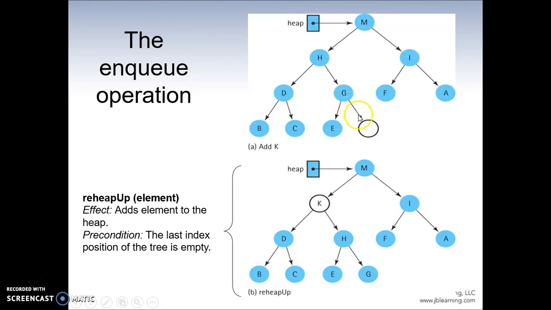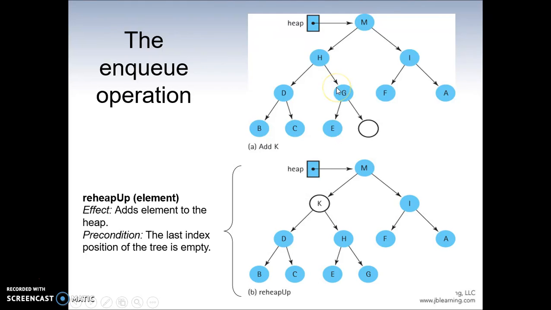When we add, we're just going to have a placeholder, a blank, because K is not going to be there. The one that's going to be there is the smallest one. K is higher than G, so we have to reheap up, right? Move this placeholder up, and G moves down, right? So the placeholder is right here now.